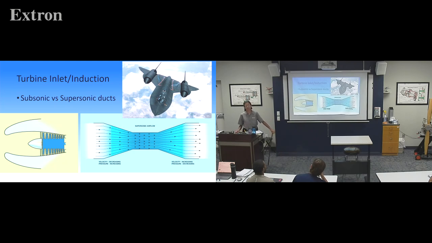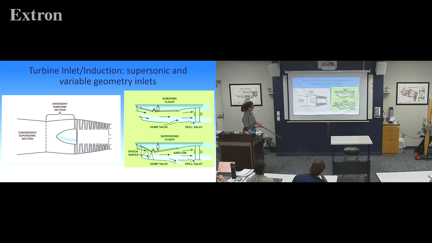What can we do with them if we're starting off subsonic, obviously, and then increasing to supersonic speed? What is something we can do? Type of inlet. Yeah, what's that? Very good. Change the shape by making a variable geometry inlet. So we start out getting all the airflow we can at subsonic flight, making it slightly divergent.